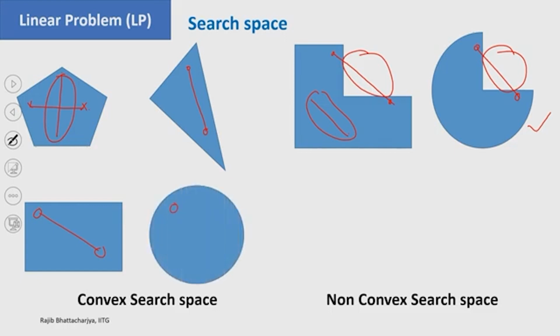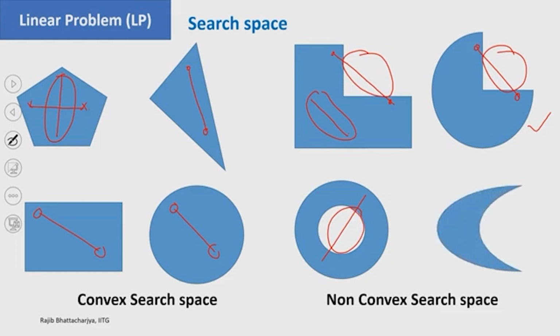Similarly, in this case also, if you take any 2 points and join them, that particular line will be within that search space. But this is a non-convex search space, because the line will not be within the search space. Similarly, here also this is a non-convex search space.